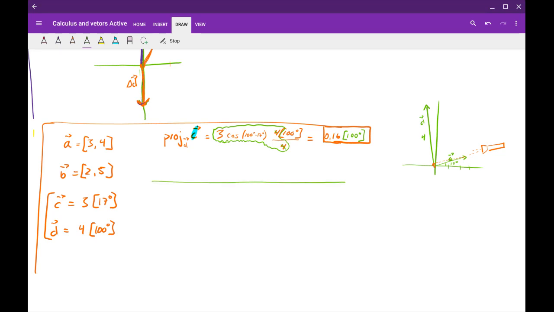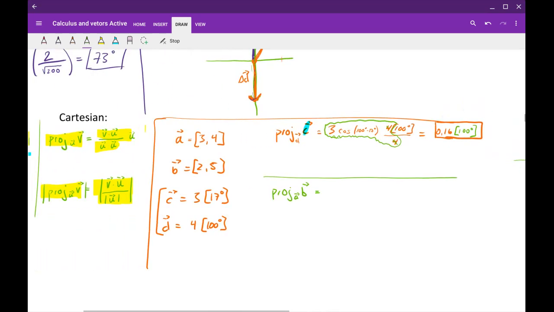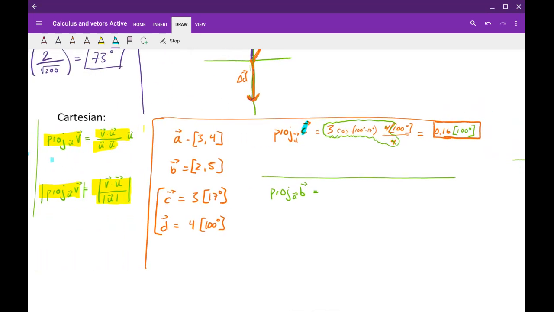All right? Let's do the projection of B onto A. So if I project B onto A, these are in Cartesian, so I'm going to use this formula here, where B is vector V and U is vector A. So I'll go ahead and write this out.